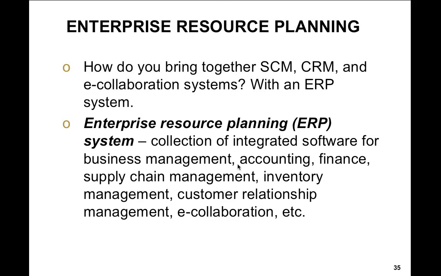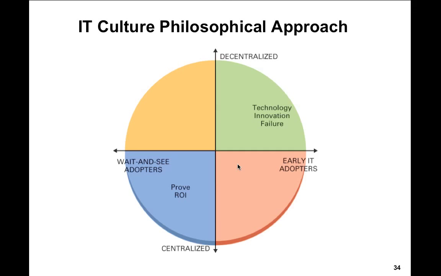The word that always confuses everybody. We have more of this in the next lecture as well. This is just the overview at this point. So how do you bring together supply chain management, customer relationship management, e-collaboration systems with an ERP system? Well, you actually have to reorganize the entire company. So going back to this kind of concept, you pick whatever you are, it doesn't really matter.